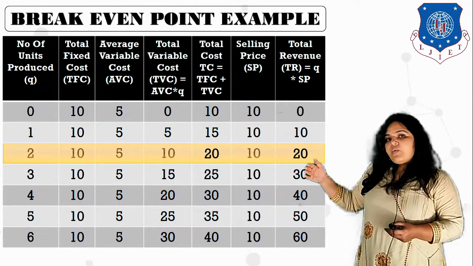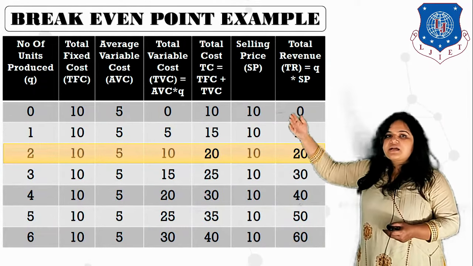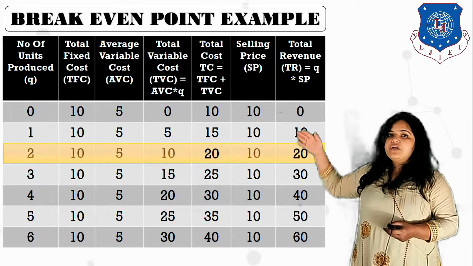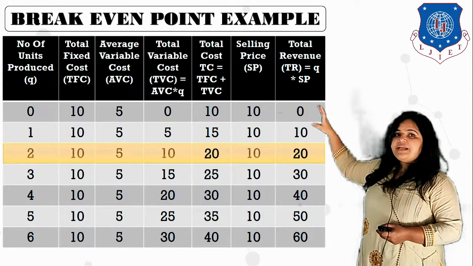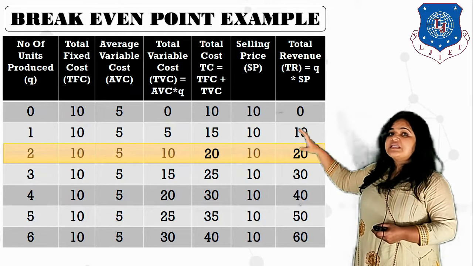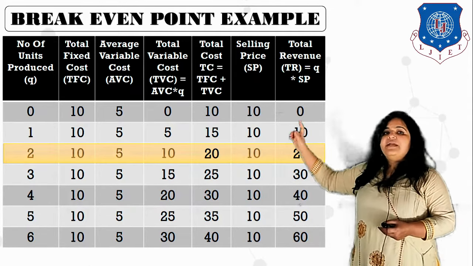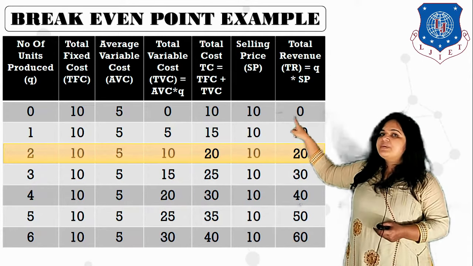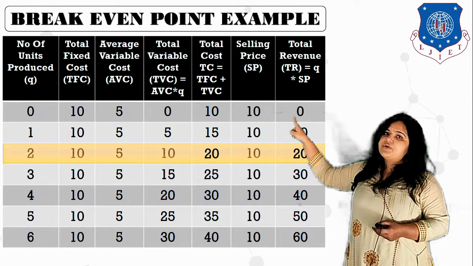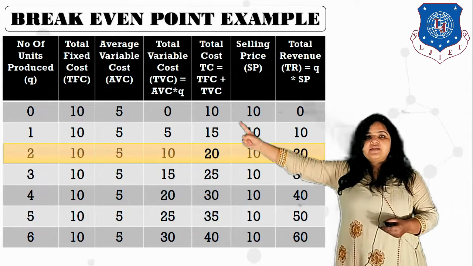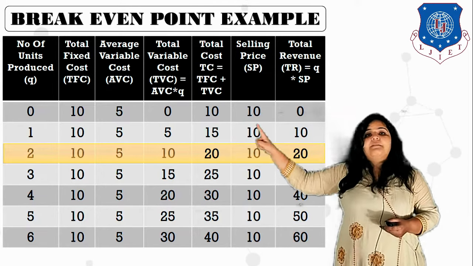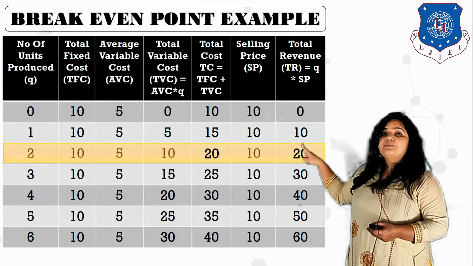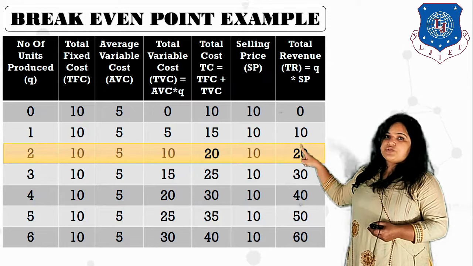What about before this point and after this point? As I already told you, before this point we are facing losses. Check this out. My total cost is 10 rupees, but my revenue is 0 rupees when 0 pencils are produced and sold. My total cost is 15 rupees, but my total revenue is only 10 rupees when only 1 pencil is produced and sold.